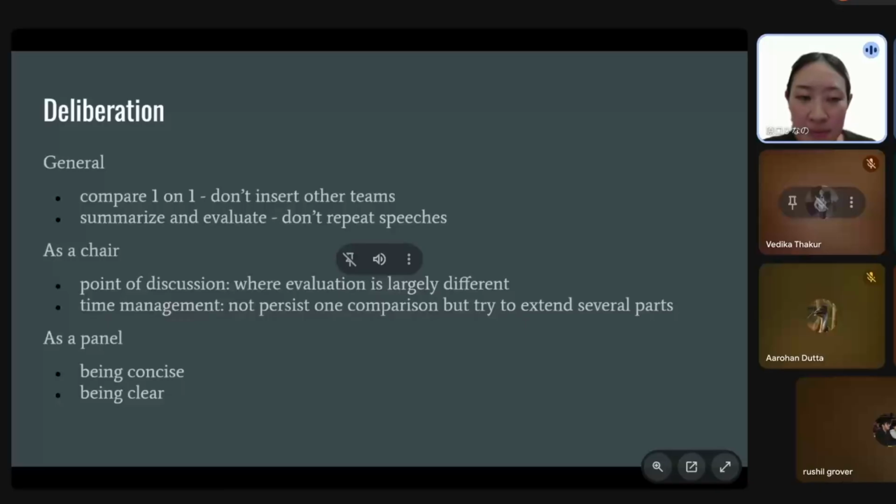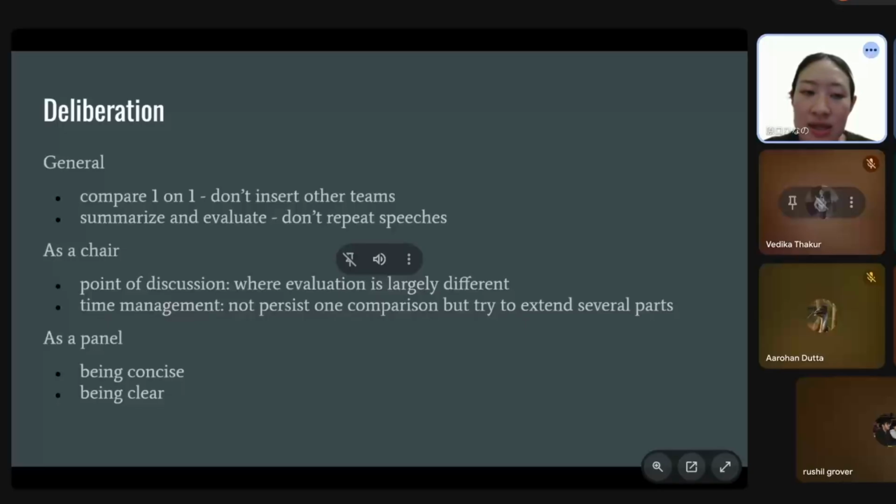I think this is not the point of the deliberation, because both the chair and the panelists listen to the same debate, the same round, so basically the information they have is largely similar. What is different is how they evaluate it, how they credit the argument, how they view the argument.